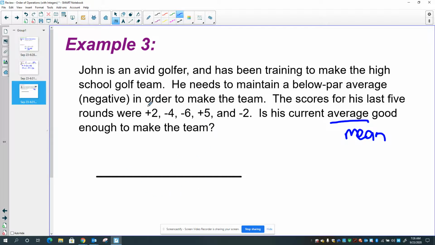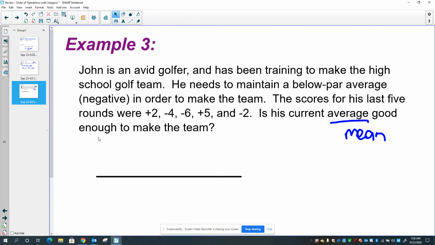So I'm going to take his 5 scores here, +2, -4, -6, +5, and -2. And I'm going to add it all. Remember, it's an addition problem. So it's 2 plus, here, I'm actually going to type this out, it'll be a little easier to write.